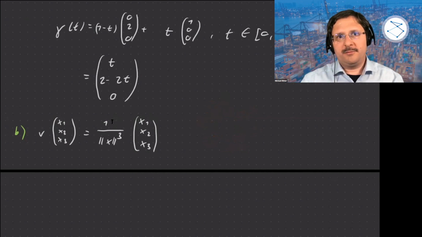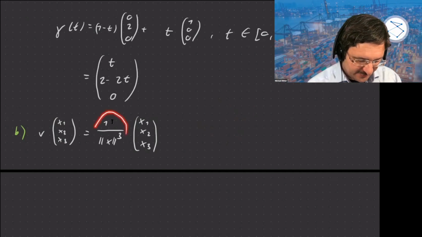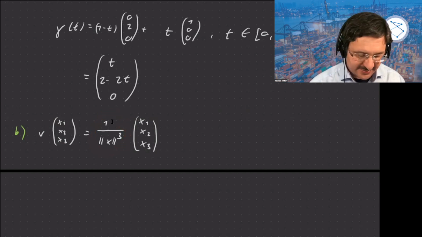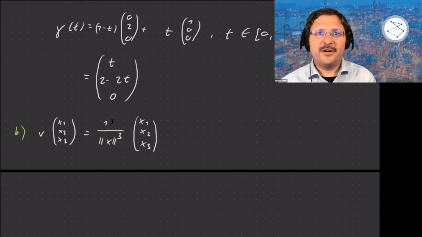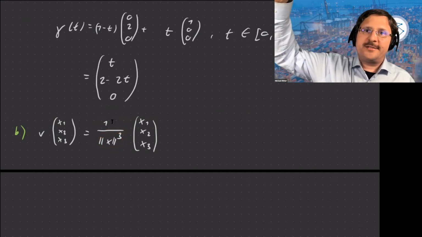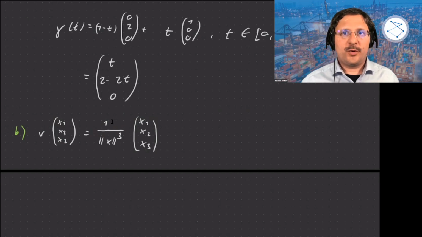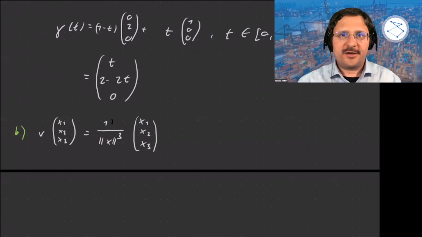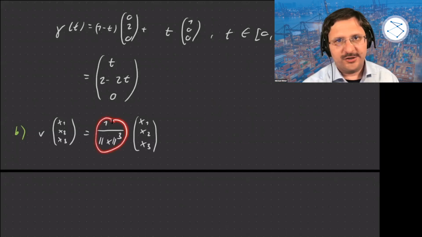So basically you get something like balls with vectors pointing outwards. And then you have this factor here for the length. You can see that that's 1 over the norm to the 3rd power. So if you move outwards, the norm gets larger, and that means the vectors get smaller. Whereas if you move close to 0, this here becomes very large.